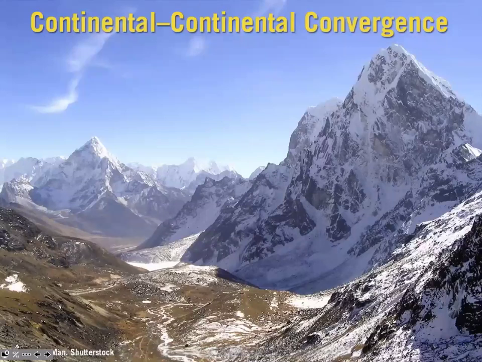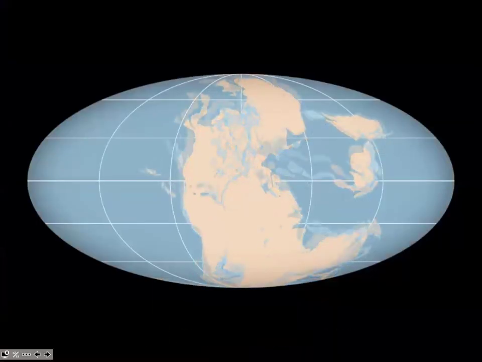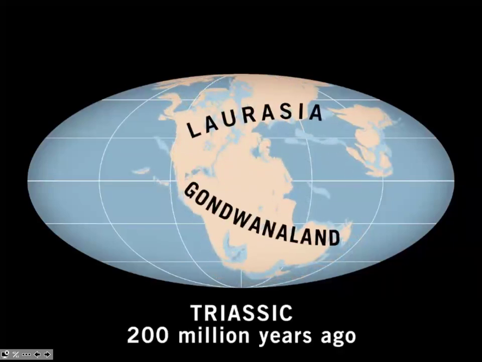The Himalayas, the highest mountains on Earth, contain 10 of Earth's 14 mountain peaks that are higher than 8,000 meters, or 26,240 feet. The other 4 are found in the neighboring Karakoram Range. The Himalayas formed following the breakup of Pangaea. 200 million years ago, India was located in the southern hemisphere, wedged between Africa and Antarctica.